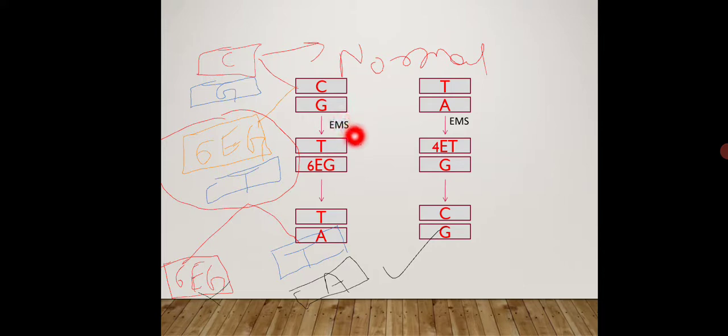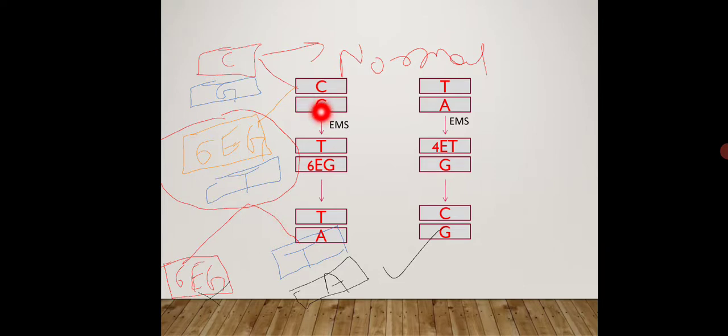Now when there is addition of this ethyl methane sulfonate, this is a mutagen, definitely it is going to create a mutation. So when this ethyl methane sulfonate is added to the normal gene, it will add the ethyl group to the guanine. Okay, to this guanine there will be addition of ethyl group.